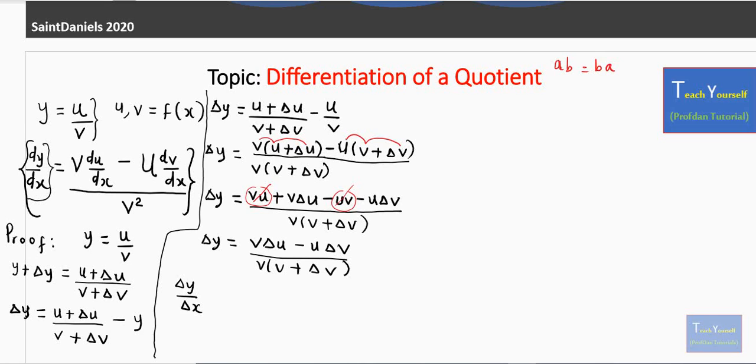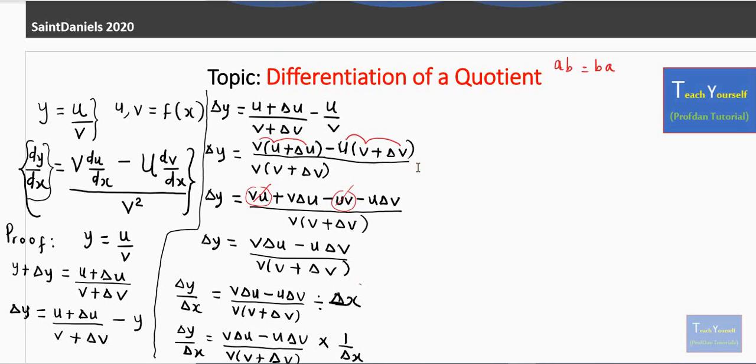So if you do that, on the right hand side we have v change in u minus u change in v, all divided by v into v plus change in v, divided by change in x.